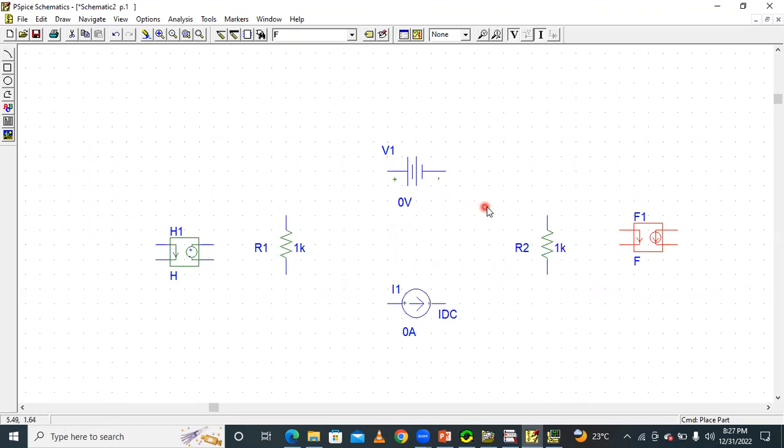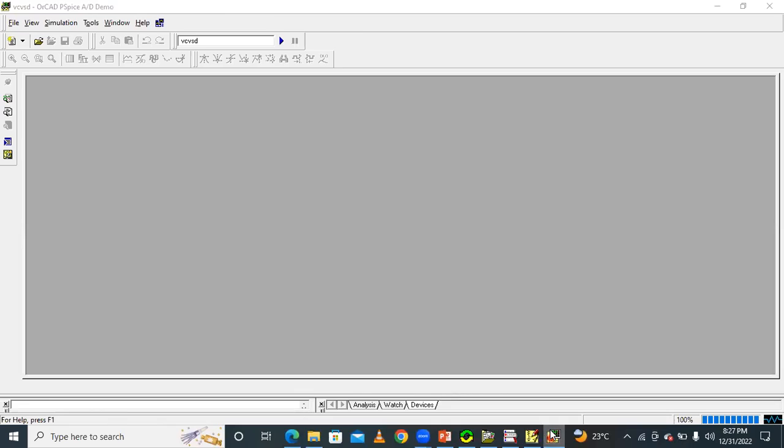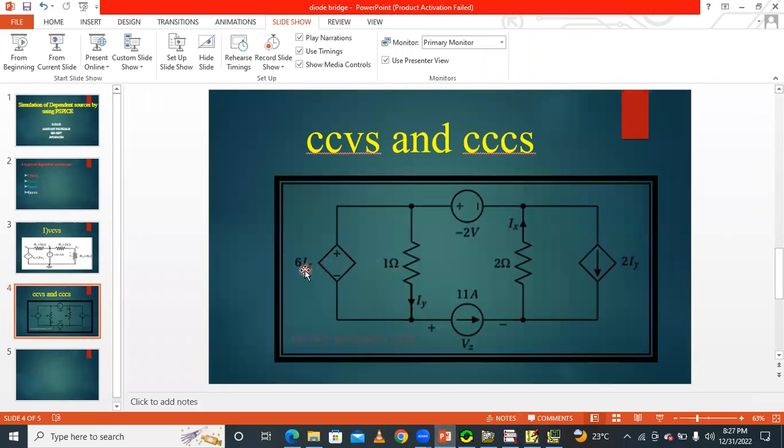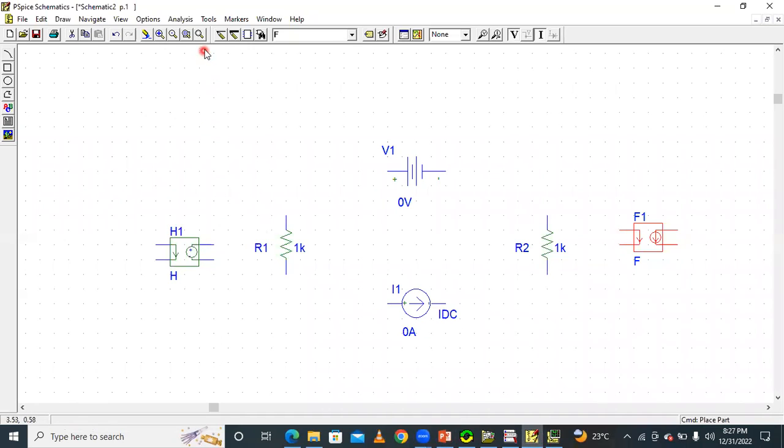So how to connect these elements: here this 6Ix voltage source is connected exactly parallel to the 1 ohm resistor. Connect like this.